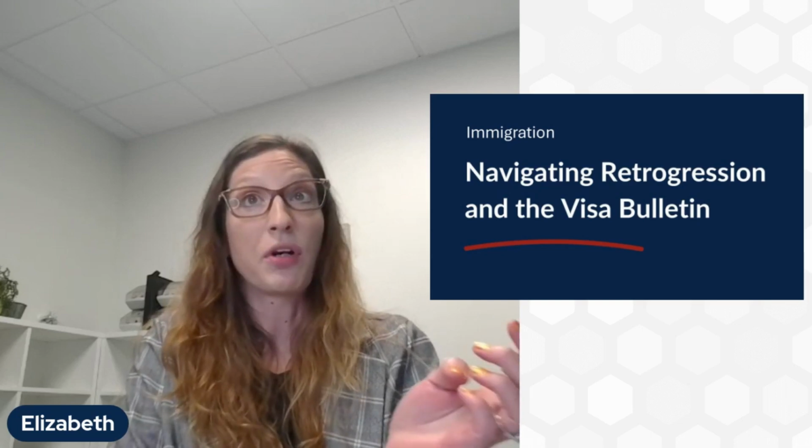As I briefly mentioned, part of the visa allocation is based on the applicant's country of birth. The one exception is called cross-chargeability. Cross-chargeability allows an applicant to use the country of birth of their spouse if that spouse is born in a country that is not retrogressed or not as retrogressed.